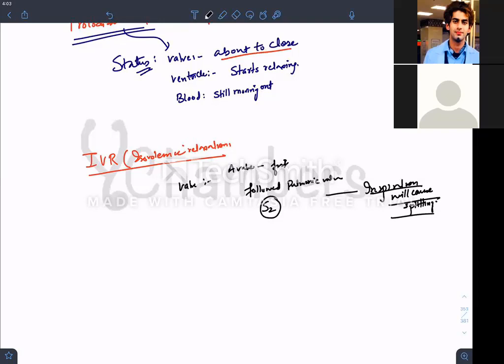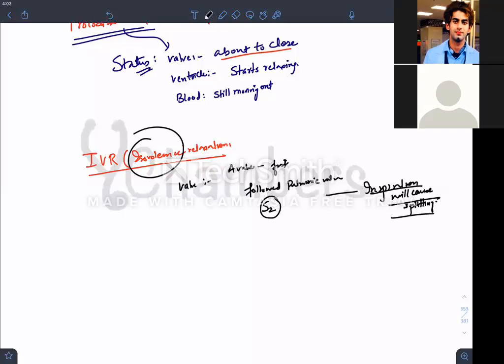Now, what is the status of the AV valves? If I am saying it is isovolumic, should things come inside, move outside, or should everything be closed? Everything should be closed. In isovolumic relaxation, no changes should happen. The ventricle should relax but should not have any addition or subtraction of blood.